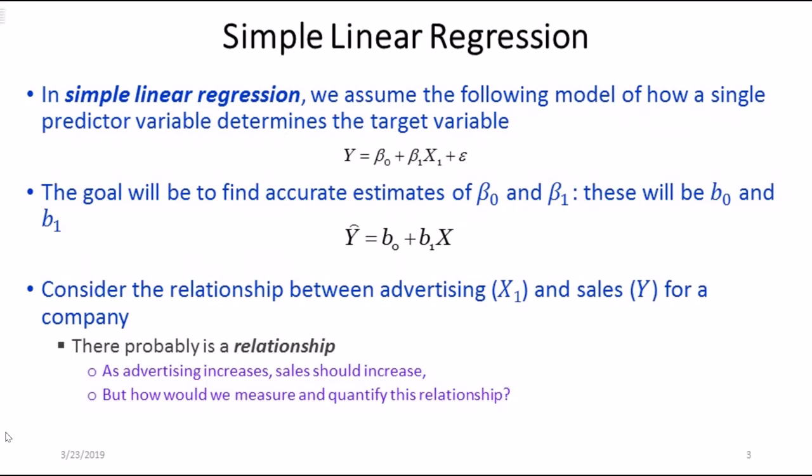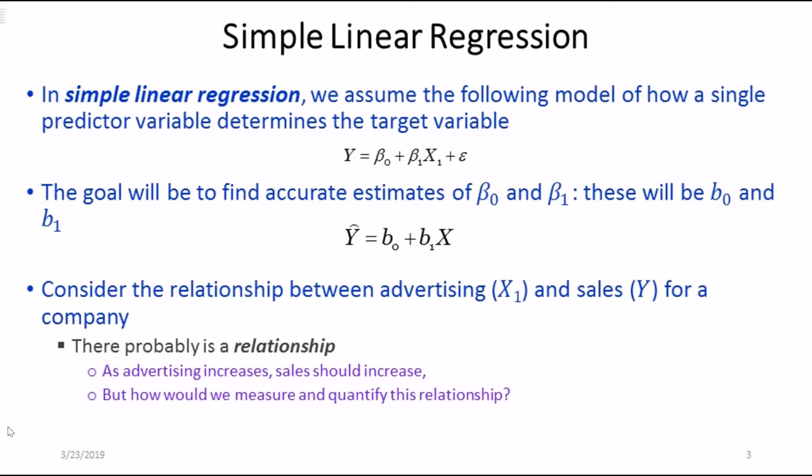In a simple linear regression model, we assume we have a predictor and a target variable. The intercept of the model is beta naught, and the coefficient of the variable x1 is beta 1. The goal of regression analysis is to find accurate estimates of beta naught and beta 1, which are b naught and b1.